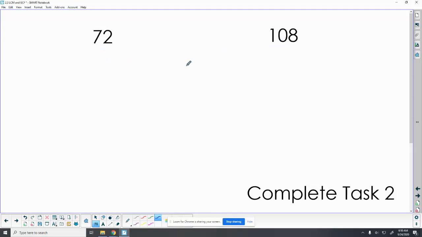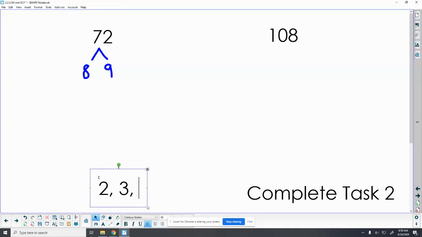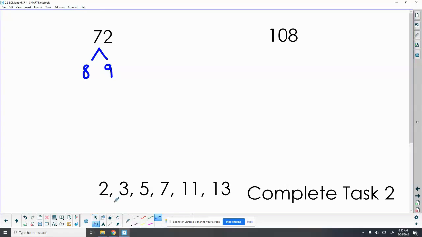Okay, 72 and 108. So 72, let's make sure you're writing these down with me to practice. So I know 8 times 9 is 72. So down here, I'm just going to list those prime numbers, 2, 3, 5, 7, 11, 13. So those are the main numbers that I'm looking for. There are many other prime numbers that can keep on going, but we're trying to get it down to these smallest prime numbers.